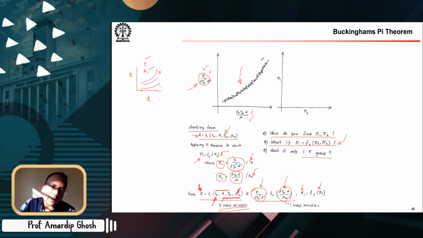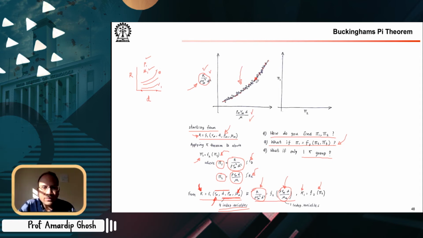So later on, if someone wants to find what is the drag force on a certain viscosity, certain diameter, certain density fluid, etc., you can input those things and get some value, and from the non-dimensional value you can extract the dimensional values.